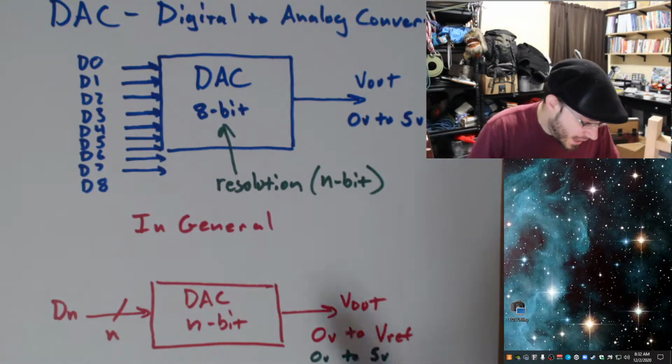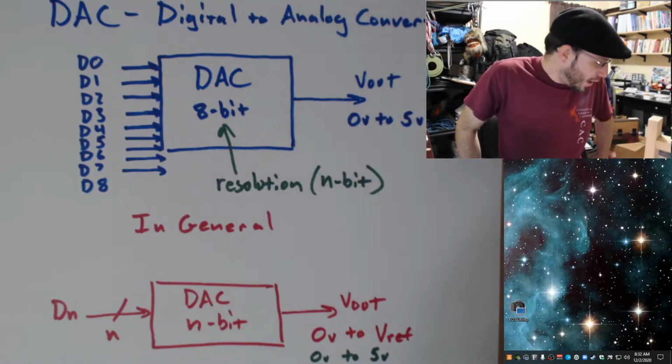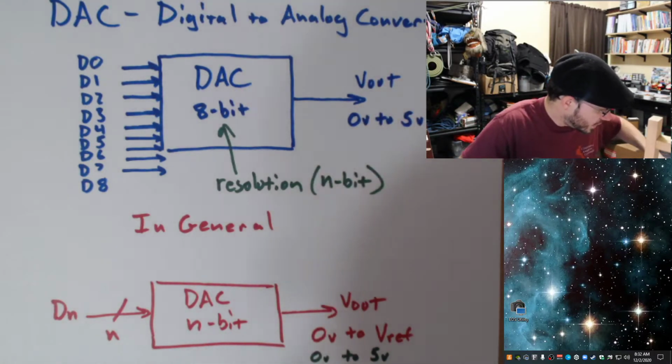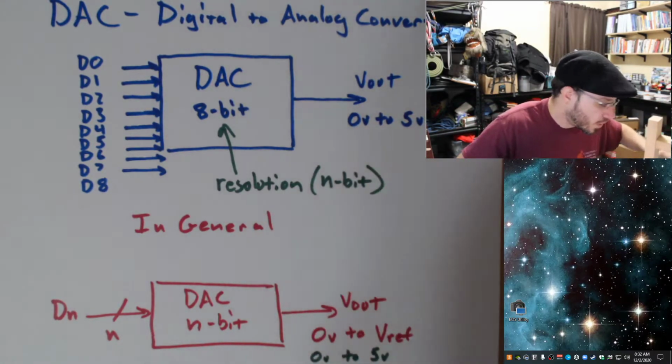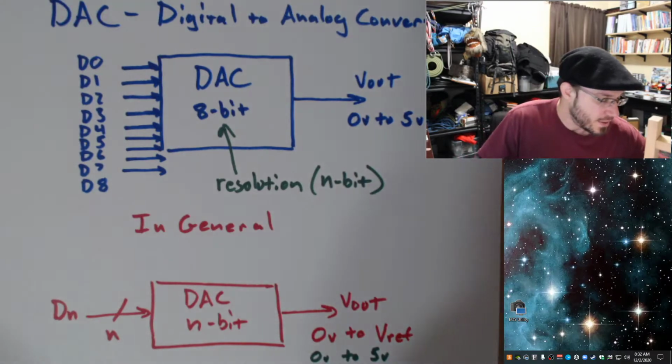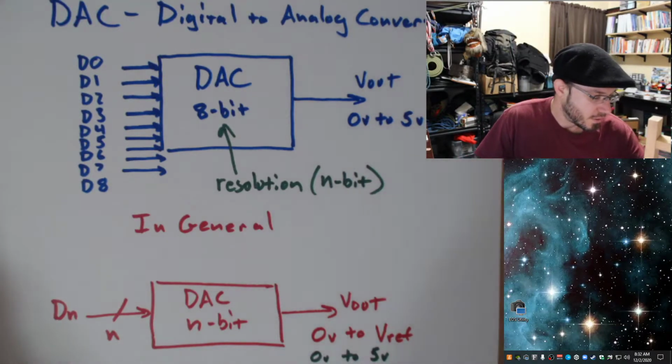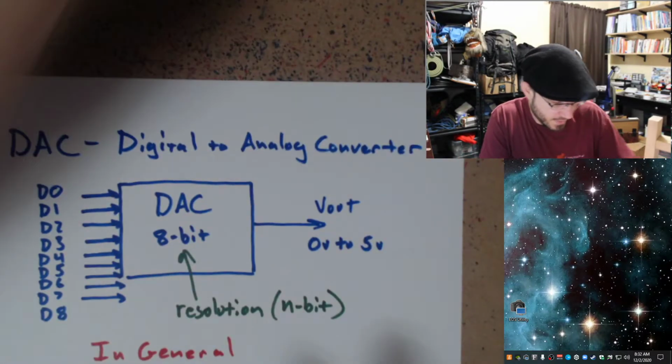Now let's go with a low resolution digital to analog converter, because it's going to make things easier to write.